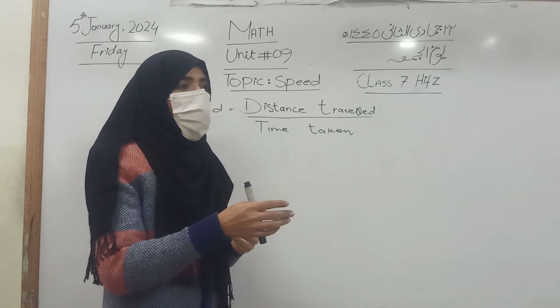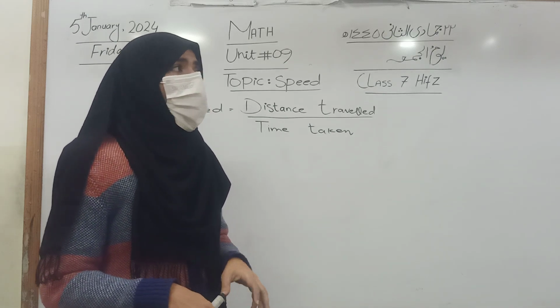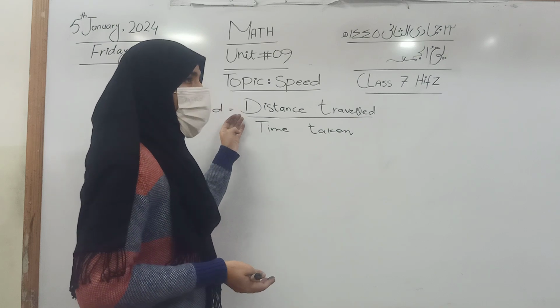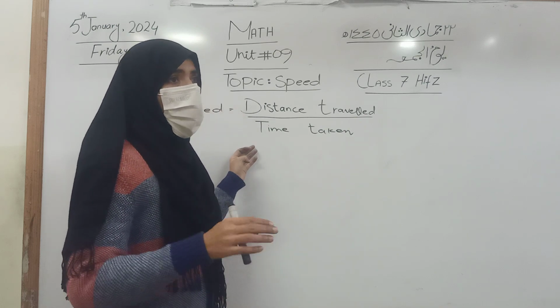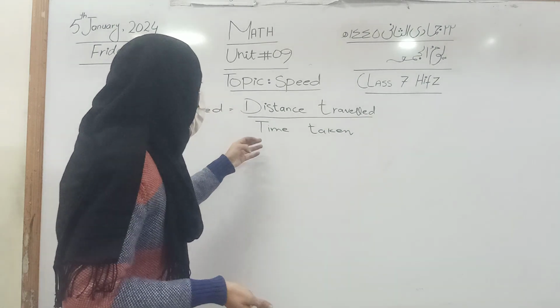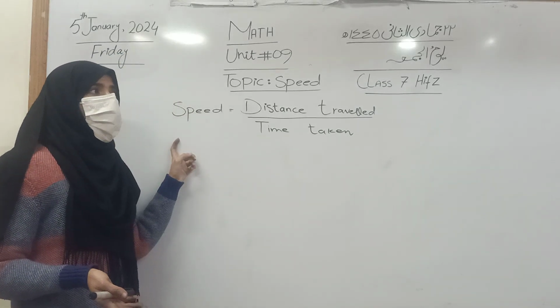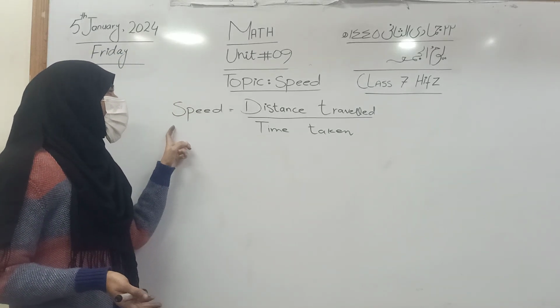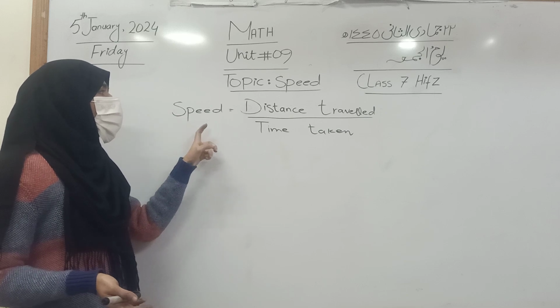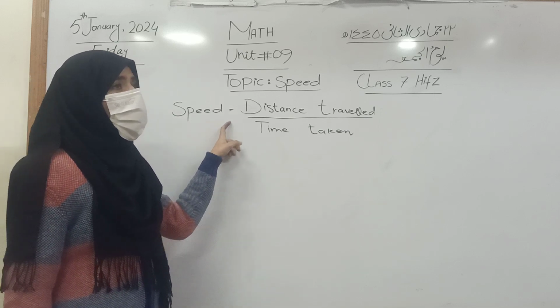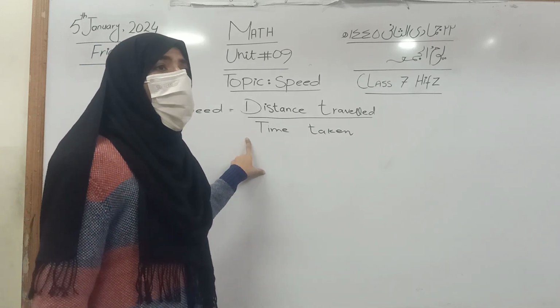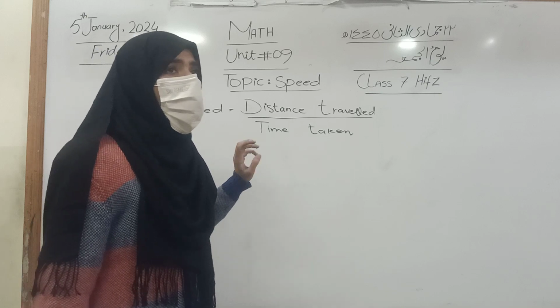The car will cover a distance in some time. When we divide the distance of that car by the time taken, we get the speed of that car. So we can explain that the distance travelled by an object per unit time is known as speed.